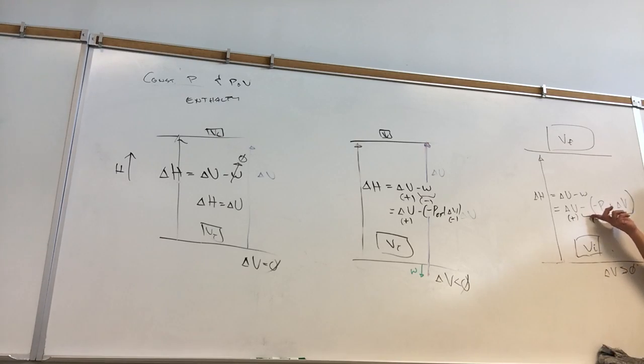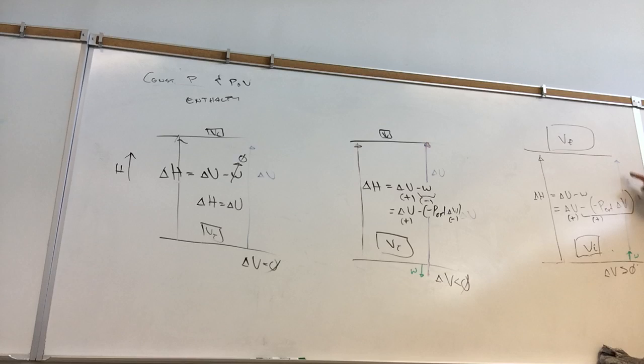So when we look at this whole term, the work, well, now the system has to do work here. And so it's going to cost the system energy. The system does work, and the work plus the delta U is equal to delta H. And so delta U is the gross.